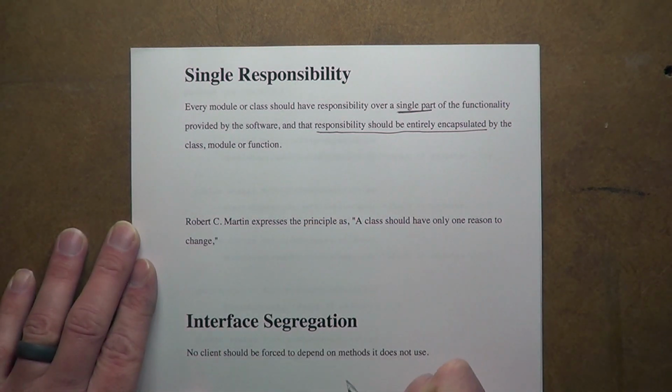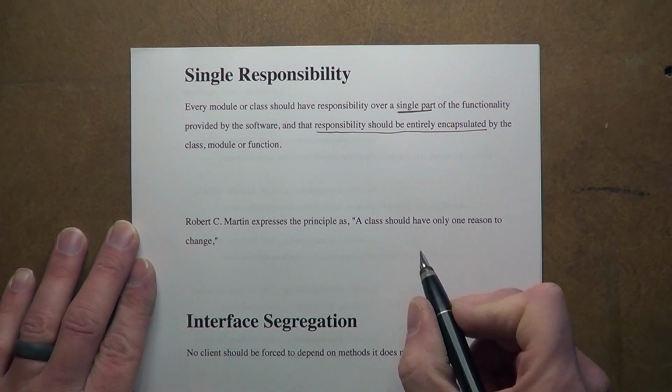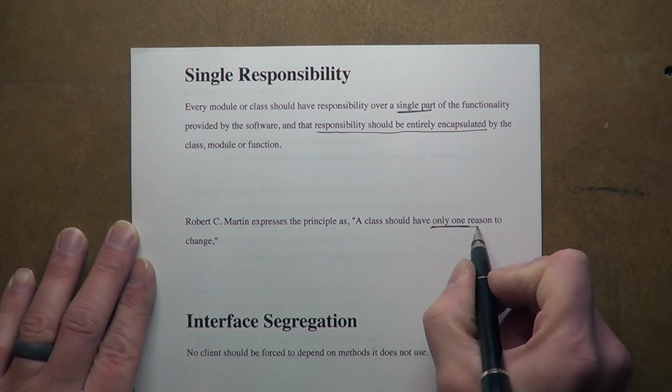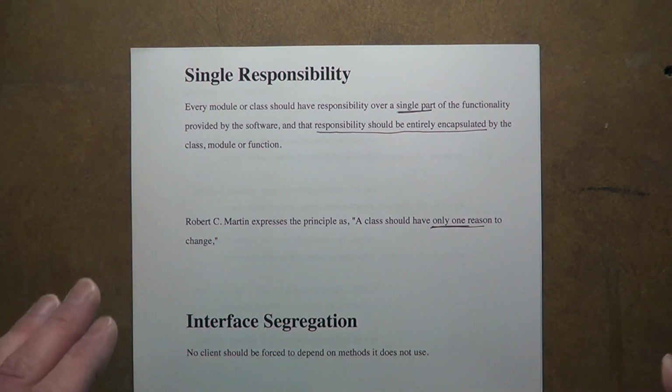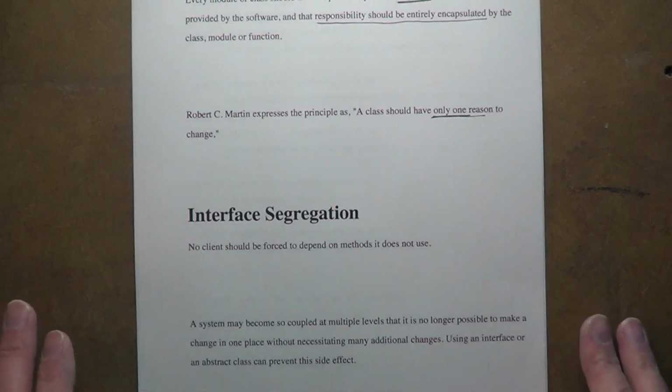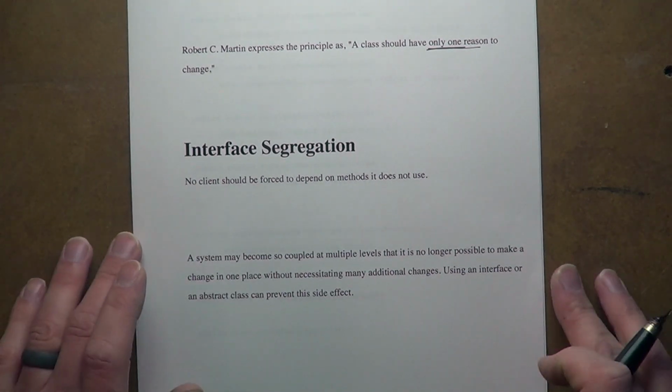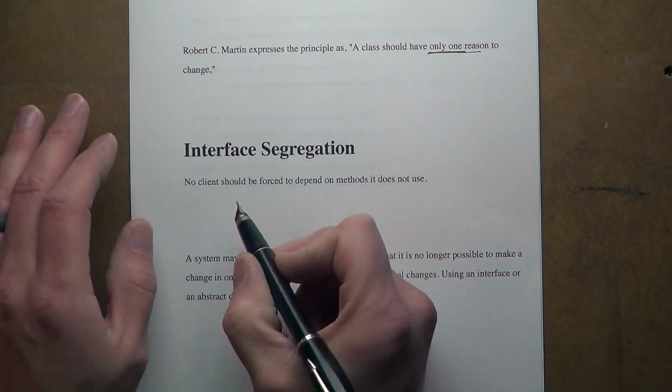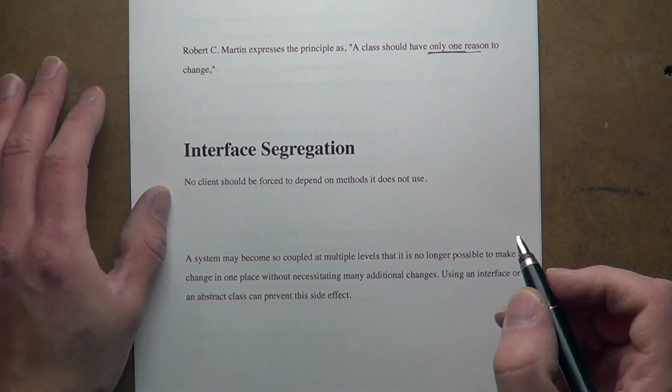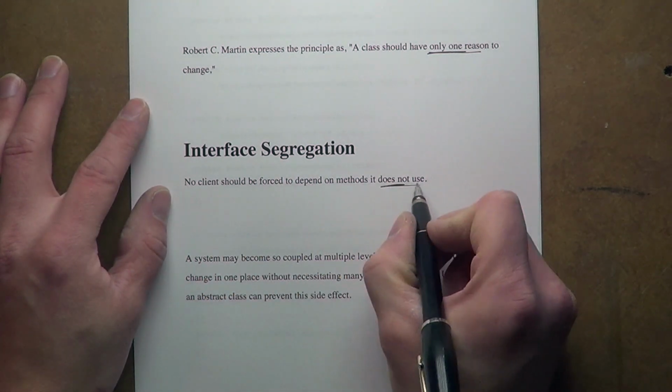Uncle Bob Martin says it simply as a class should have only one reason to change. And then interface segregation is pretty closely tied to single responsibility, and it just says that no client should be forced to depend on methods it does not use.